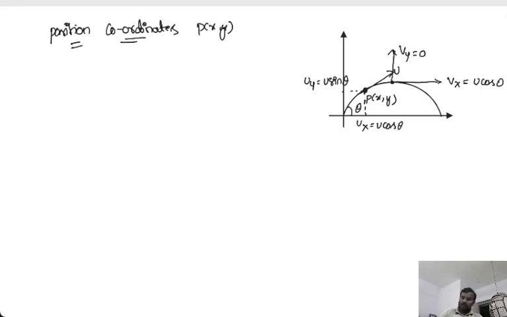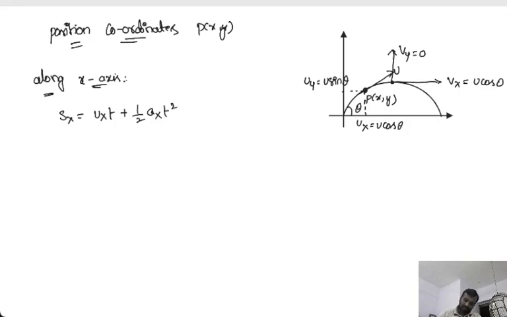So now along the x-axis, by using the equation of motion, Sx is equal to uxt plus 1 by 2 ax t square.